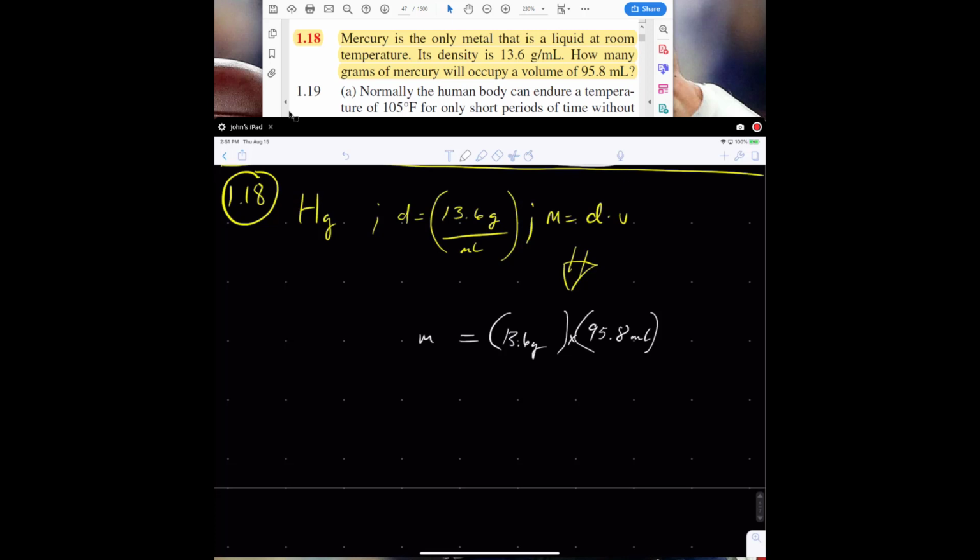On the calculator you can punch that in: 13.6 times 95.8. And that gives us an answer of mass is equal to 1,302.88 grams.